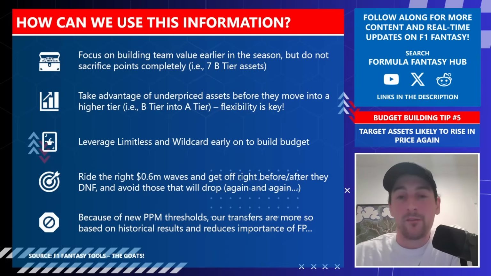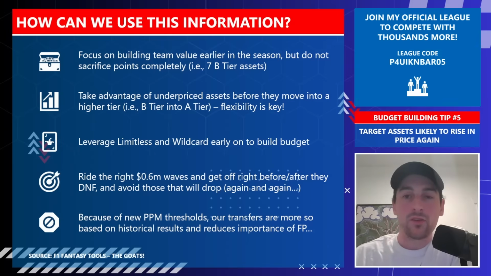Another thing around flexibility is, if you do have multiple cheap assets, and I'm looking at the Hadjars, the Bortoletos, it's going to be difficult if they have DNFs to move into high-priced assets that have that price increase upside.